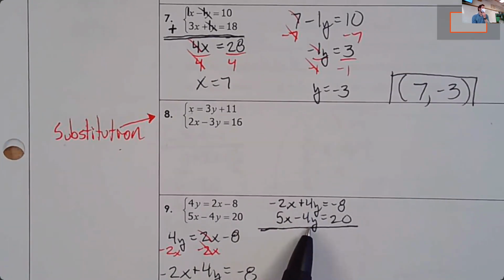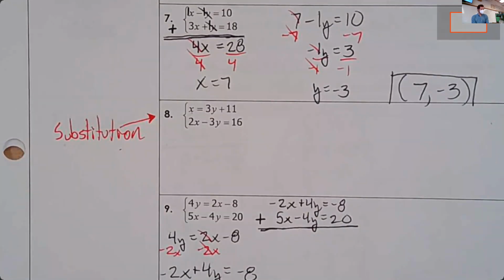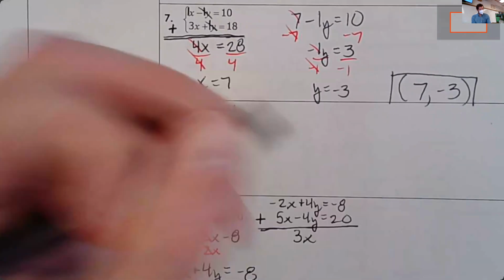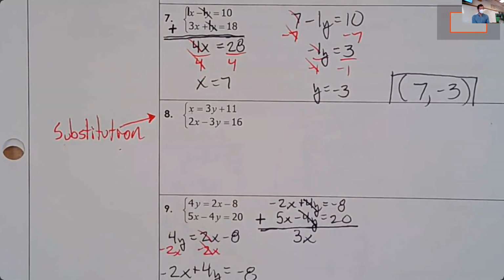Are we going to have to add or subtract to make that happen? We're going to add these, yeah. Because they're opposite values, one's positive and one's negative, we're going to add the two equations together. That will eliminate the y variables, and then we'll be able to solve for x. So negative 2x plus 5x is 3x. Negative 4y and positive 4y added together cancel out.